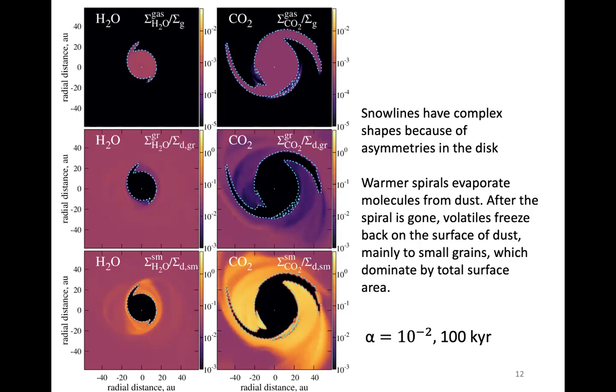As the total surface area of small grains here is larger than the total surface area of ground dust grains, the volatiles settle mainly to the surface of small dust grains. That's why we see that the relative amount of ices on small dust grains is large here. It even exceeds the amount of the dust contained in small dust itself. And this causes this pattern of ice distribution around the spirals.